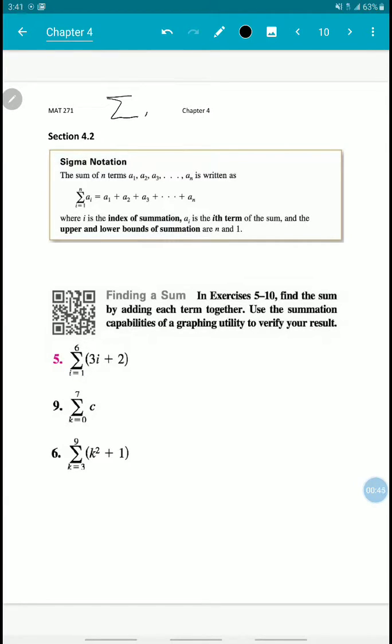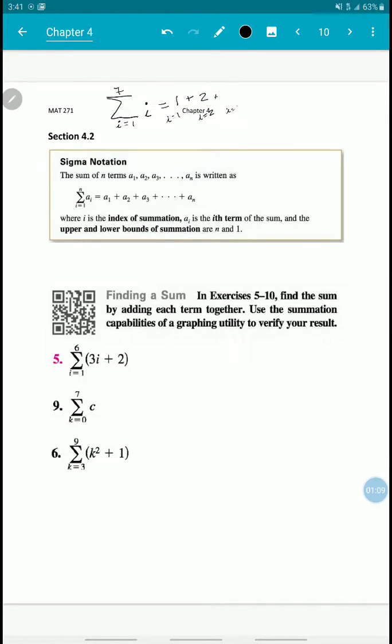So let's say we just had I. I is pretty common to use in sigma notation. And let's say we're starting from 1 and we're going to 7. So what this means is we're going to replace I with 1. And then we're going to go 2. So this is what we get when I is equal to 1. This is what we get when I is equal to 2.